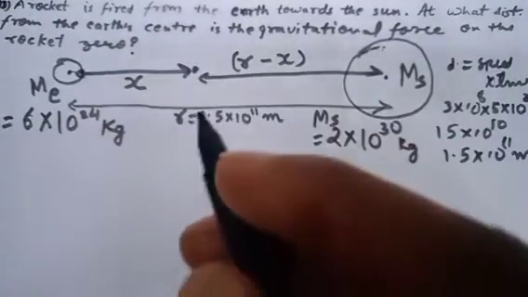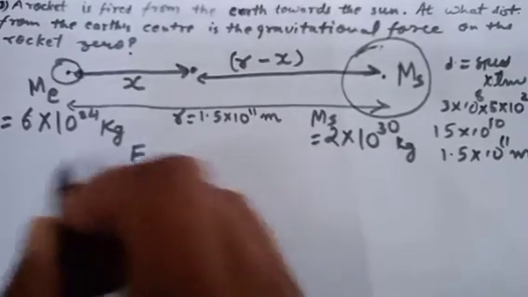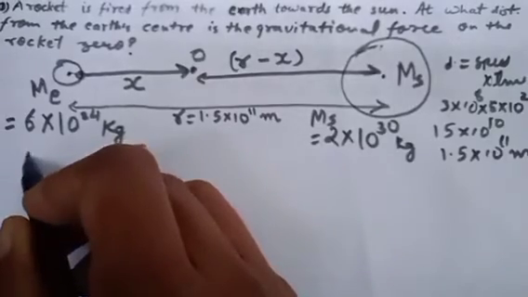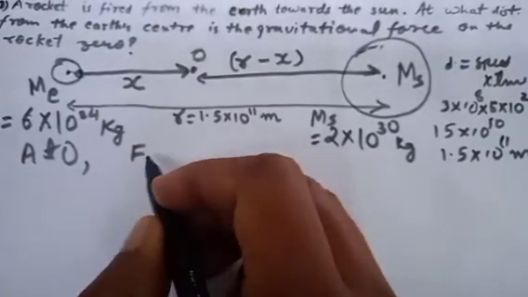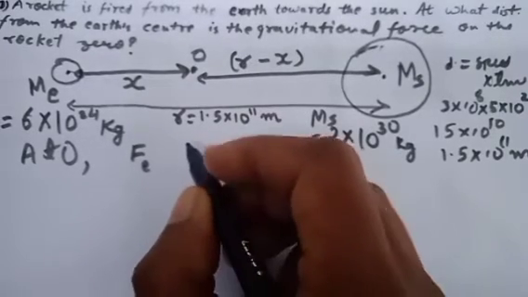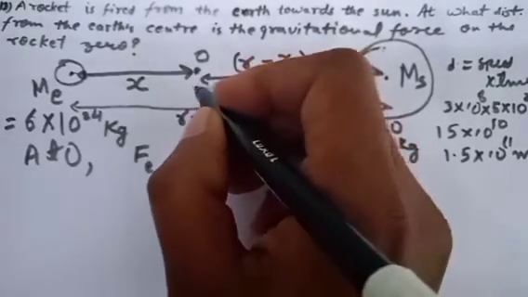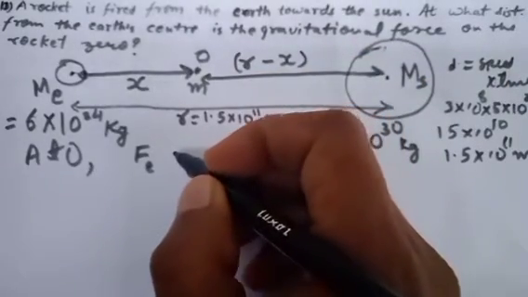Means at this point, force at O, let's suppose at O, F due to Earth on that object, on that rocket. So let us suppose m, small m, is the mass of the rocket.